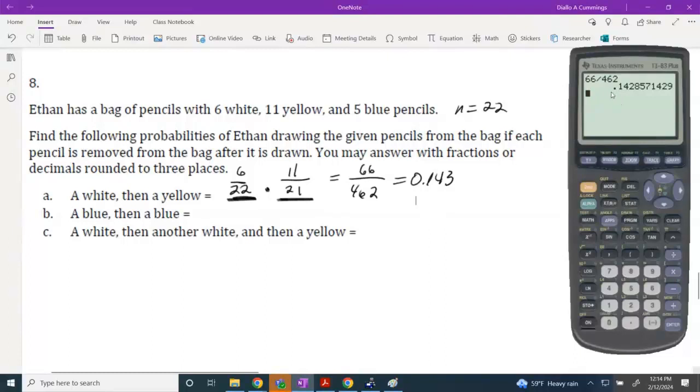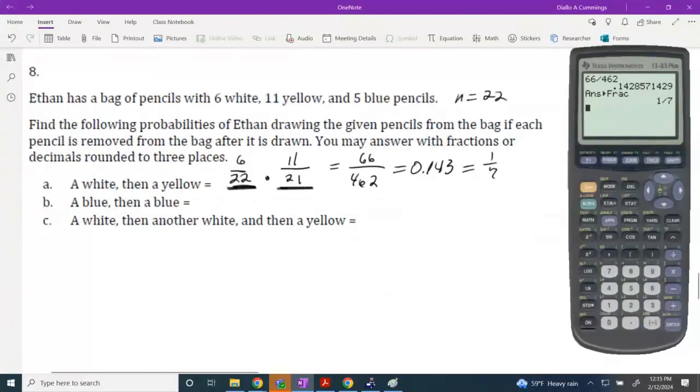Since I already have my fraction entered, I'm going to hit math, and the first option states that it'll take whatever it's given and attempt to write it as a fraction. If I hit enter and enter again, it gives me 1/7. Sometimes it'll make a fraction and sometimes it won't, but again, that's in the math function and it's that very first option. So 0.143 or 1/7.